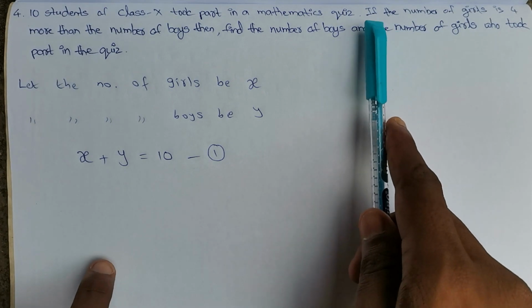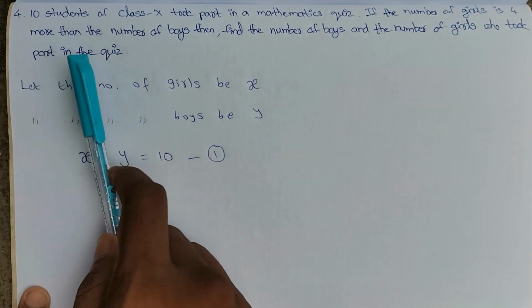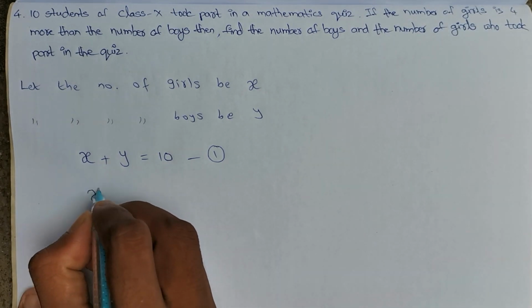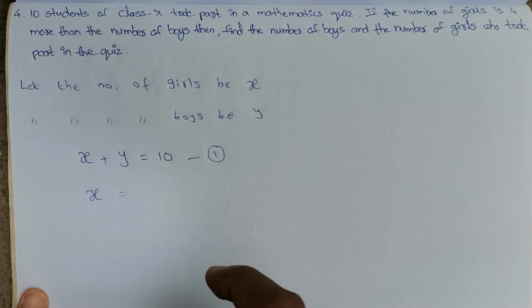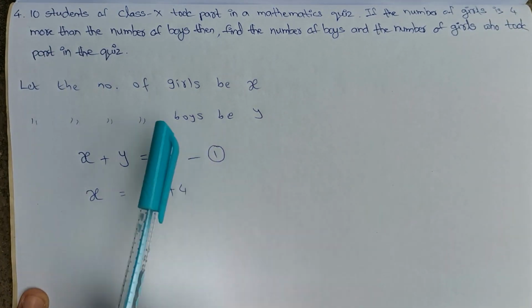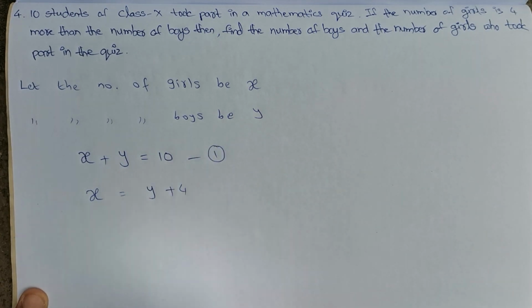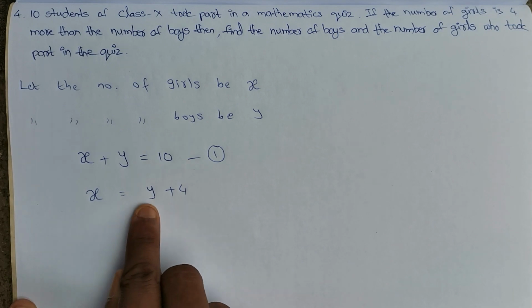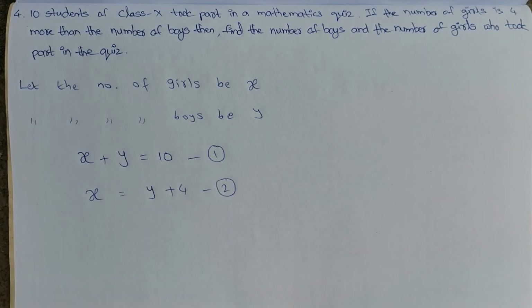Next, second condition: the number of girls, girls we took as x, is 4 more than the number of boys, boys are y. Number of girls are 4 more than the number of boys. This is equation 2. So we need to solve these two equations.